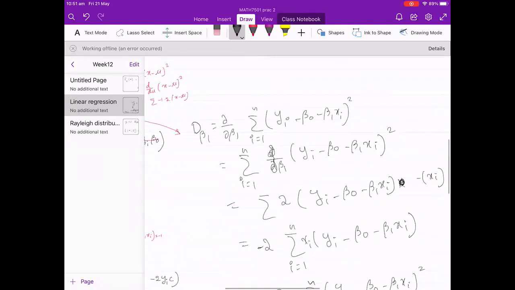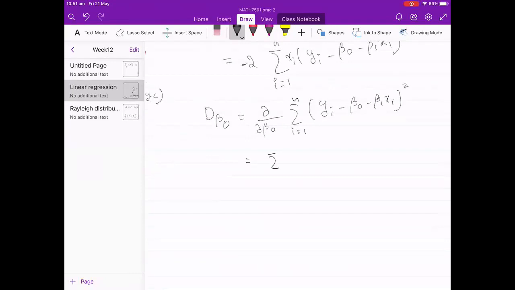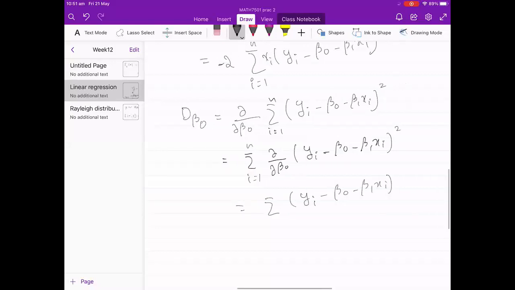Again, using this concept here, that's equal to the sum, now with respect to beta 0, times minus 1.